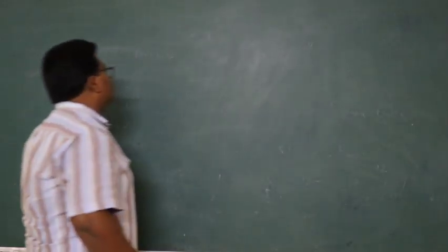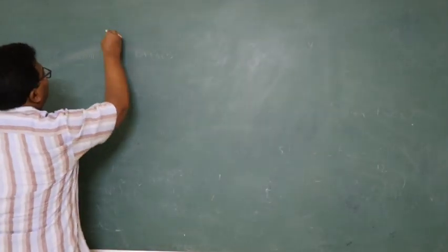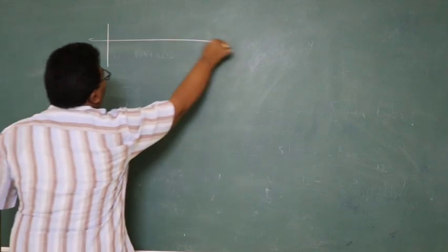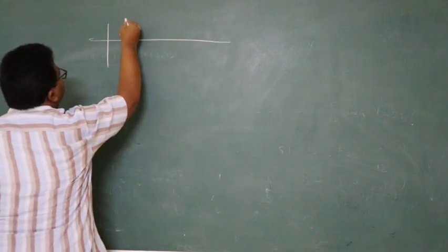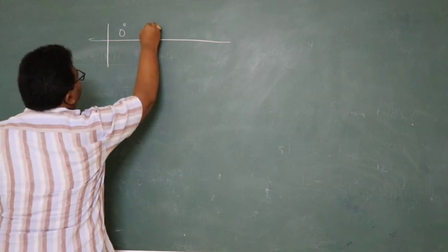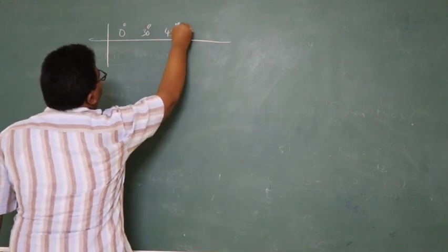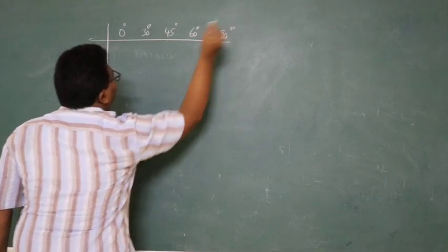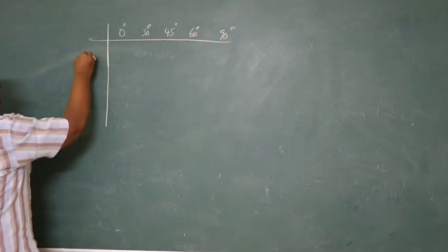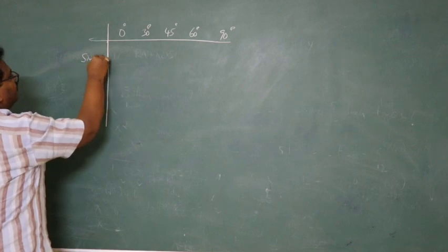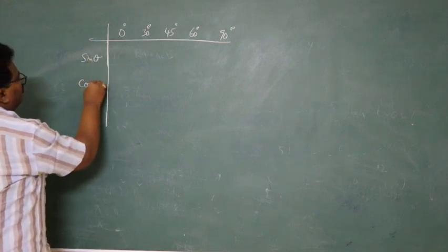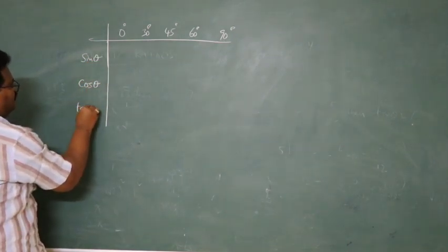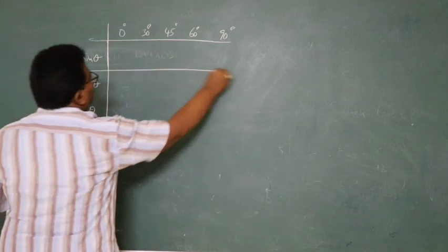Next I am going to discuss the values of all trigonometric ratios for 0, 30, 45, 60, 90 for sin theta, cos theta, tan theta.